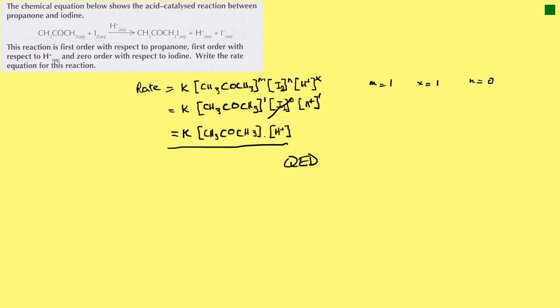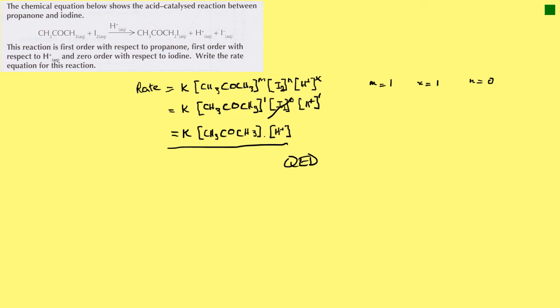However, we can simplify this. And as you mathematicians will know, if something is to the power of 1, then we usually just omit the 1. You can leave it there if you want, you won't lose marks, but you don't need it there. And anything to the power 0 is 1, so we can just ignore that iodine.